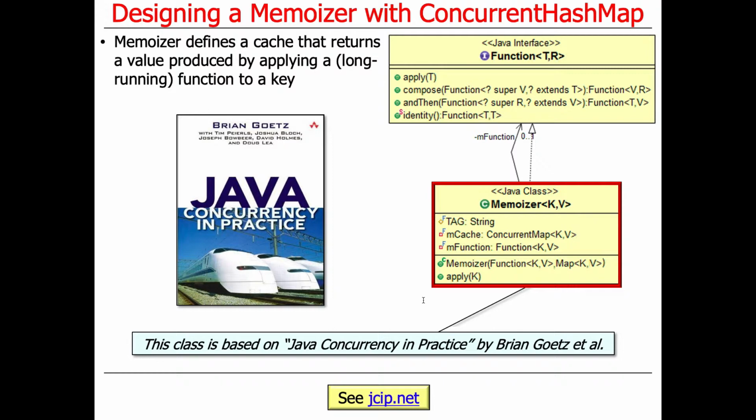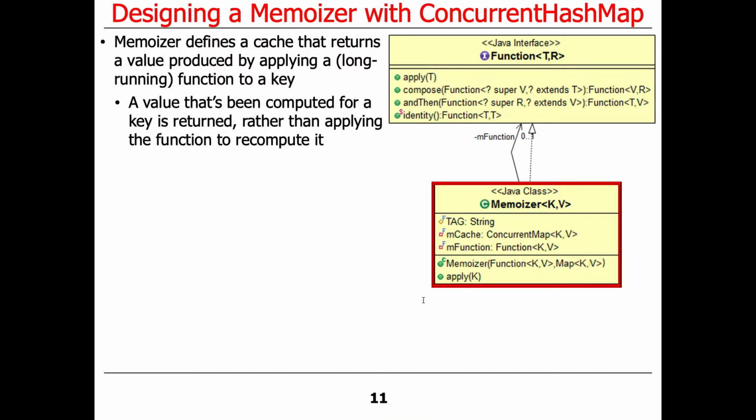So basically what we're going to do here is have a class called the memoizer, which is a generic class, so it's parameterized by key and value, by K and V. And we're going to have this implement the Function interface. I'll talk a bit more about that in a second. We do that so we can use the memoizer anywhere you would expect a function to be used. So it's going to be a kind of transparent optimization technique.